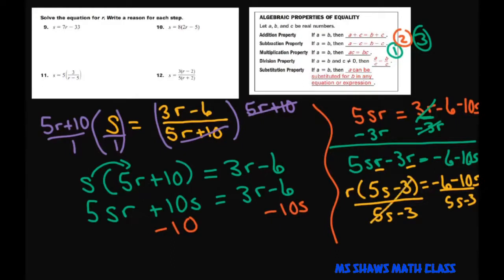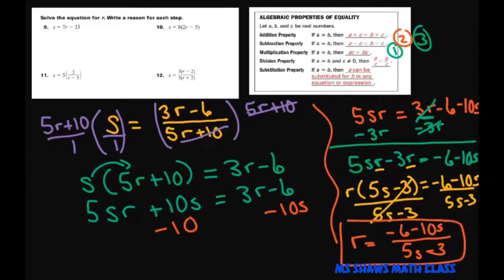That will zero out, so you get R equals negative 6 minus 10S divided by 5S minus 3. And that was the division property, so that would be step 4.